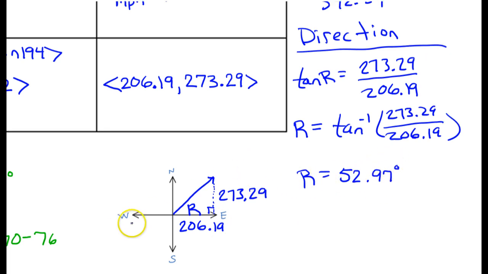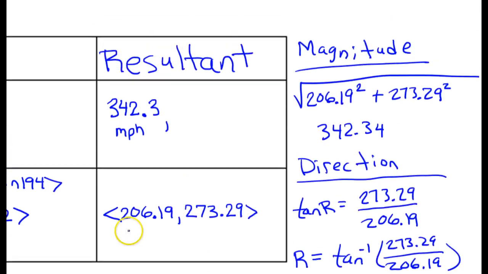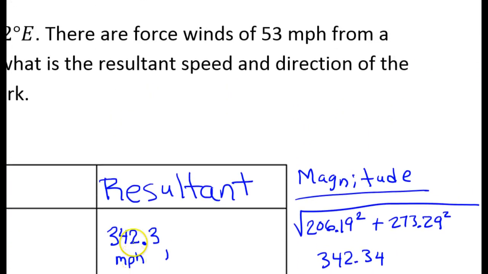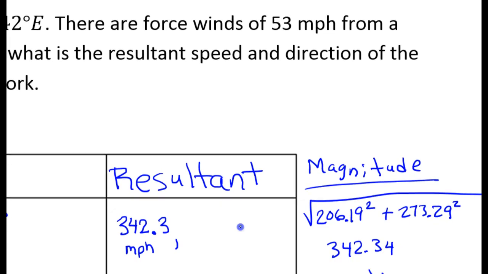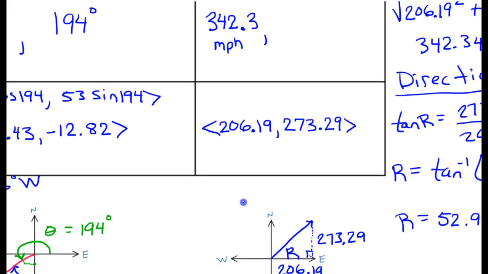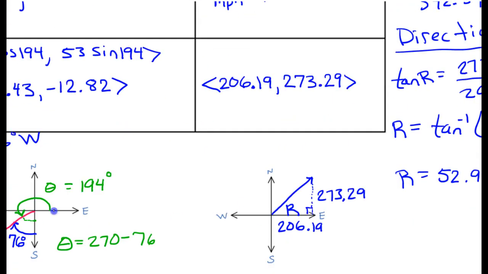Now, before we do anything else, we have to remember, how did they give us the direction in the original problem? Because there are three methods we've learned about direction. We've learned to measure direction as an angle counterclockwise from the positive x-axis. Is that what they want? There's something called bearing, where you measure clockwise from the positive y-axis. Do they want bearing?